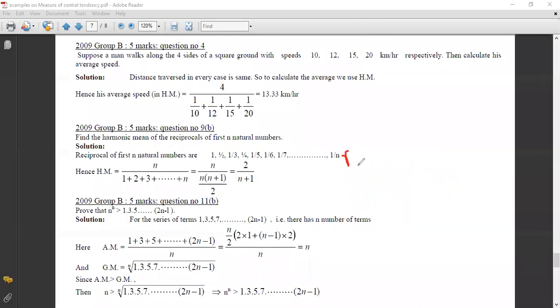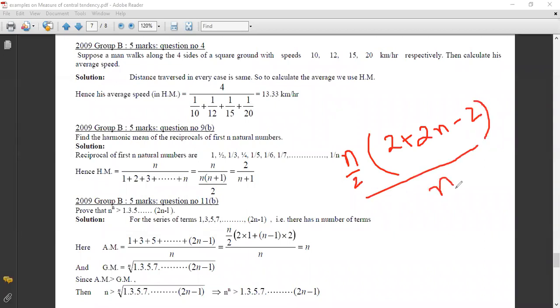There is n by 2, right? And within bracket 2 plus 2n minus 2 by n, right? So first of all, you cancel this n with this n, and 2 minus 2 will be cancelled. So we have actually n. So write it in. Okay. So arithmetic mean will be n.